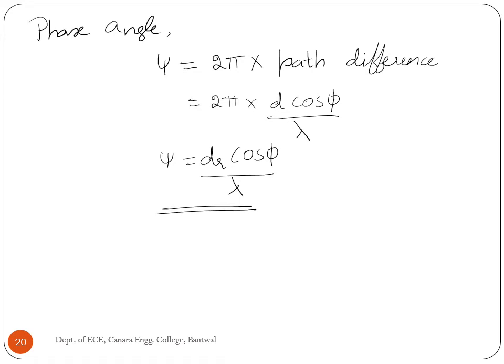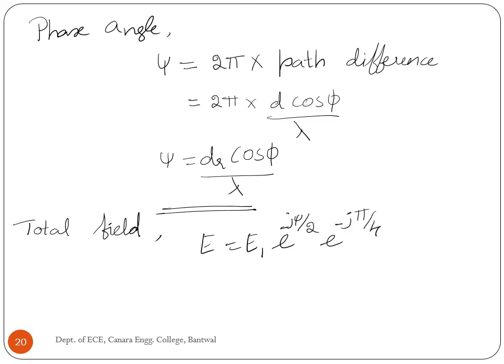Total field is given by E equal to E1 e to power minus j xi by 2 e to power minus j pi by 4 plus E2 e to power j xi by 2 e to power j pi by 4.